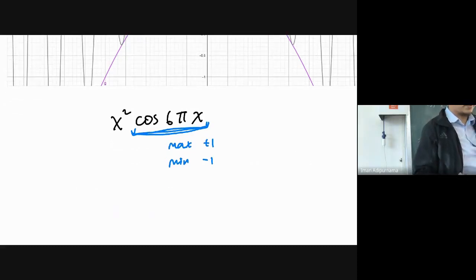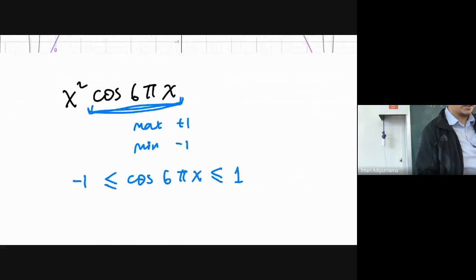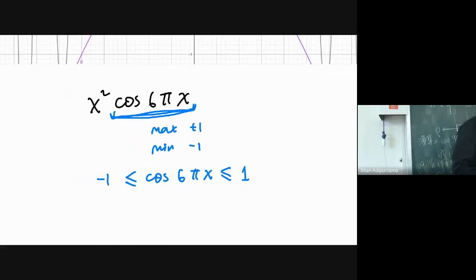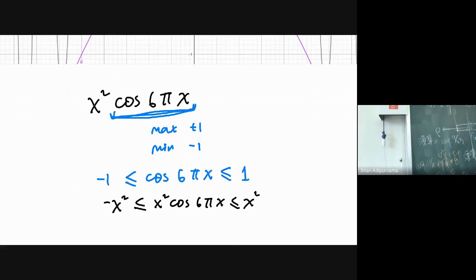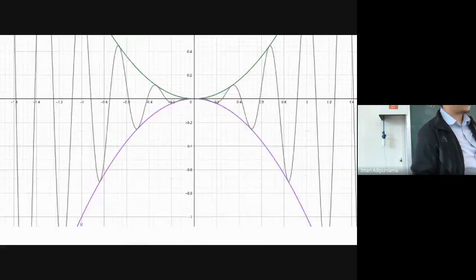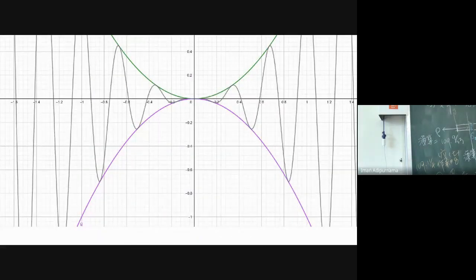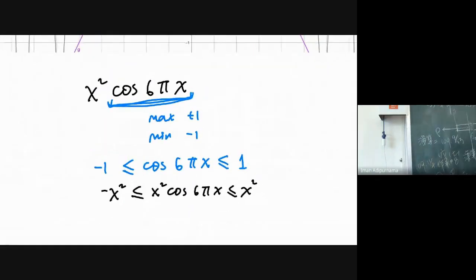So from the maximum and minimum, you will have this inequality, in which when you multiply by x squared, you will get negative x squared. It is a good way to see from the graph where the x squared, the cos 6 pi x, and then the negative x squared are all located in terms of this inequality.